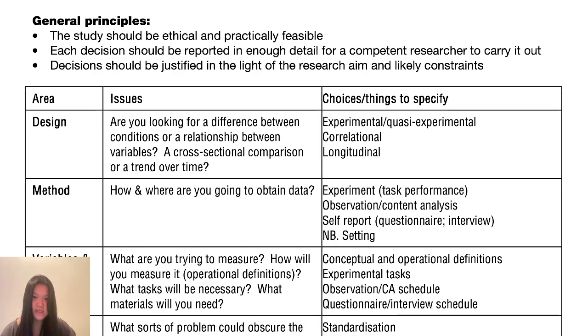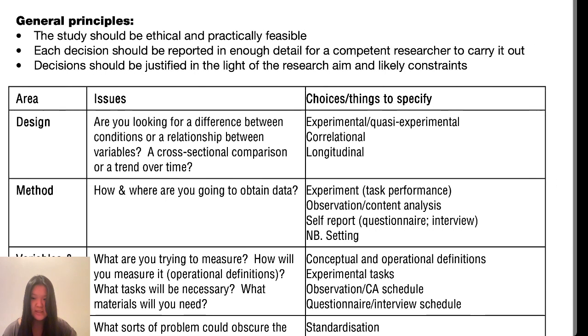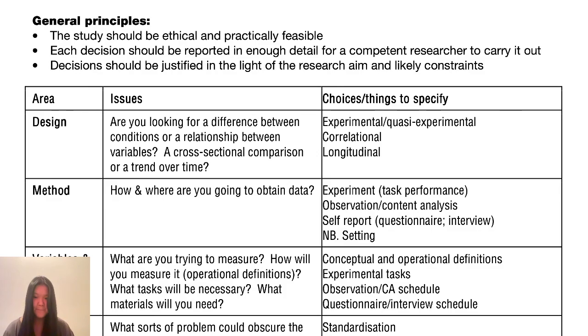Secondly, each decision should be reported in enough detail for a competent researcher to carry it out. And decisions should be justified in the light of the research aim and likely constraints.